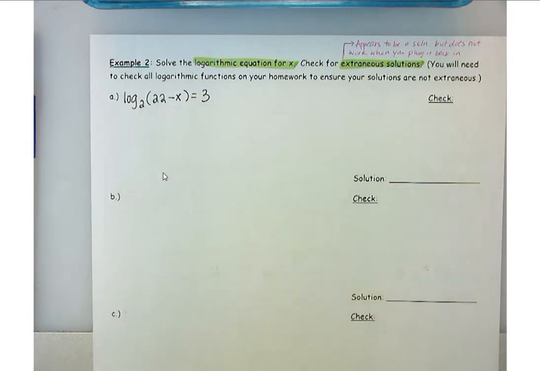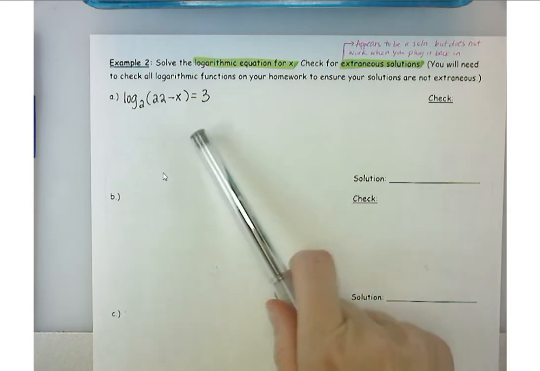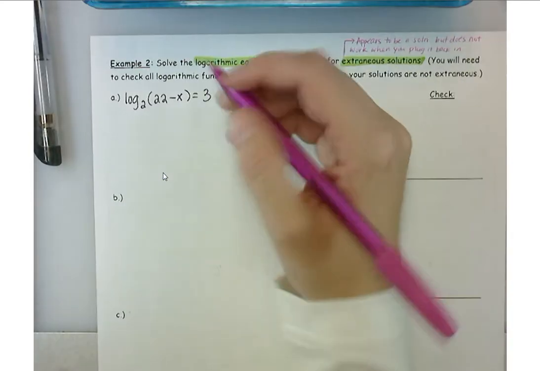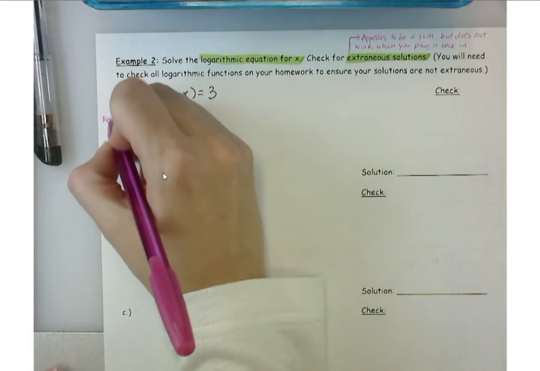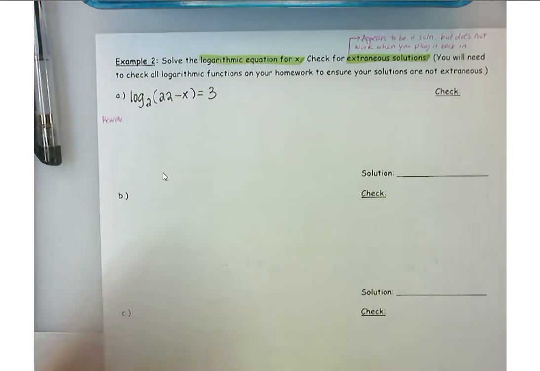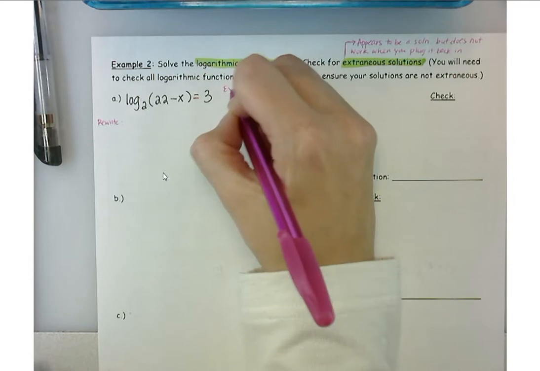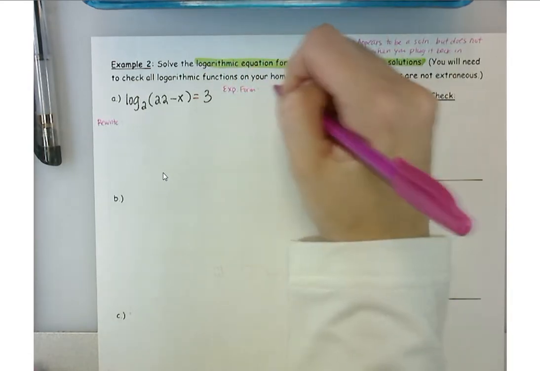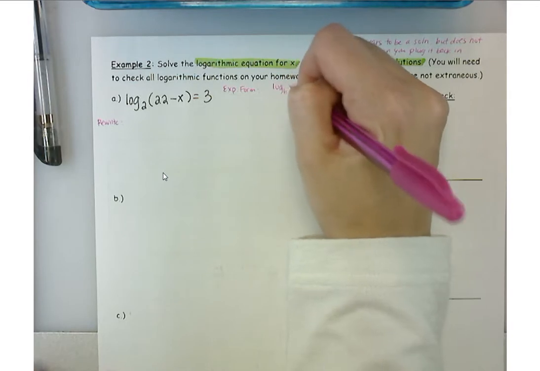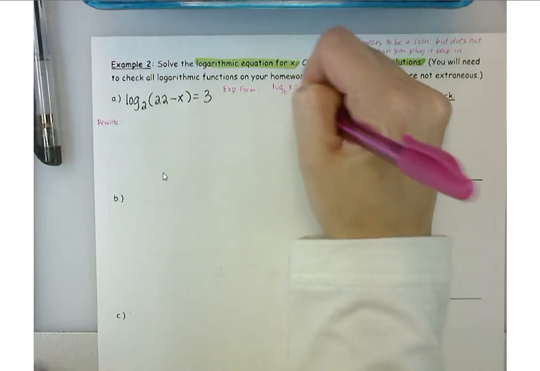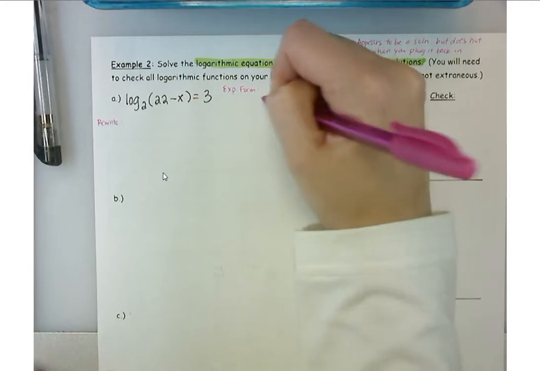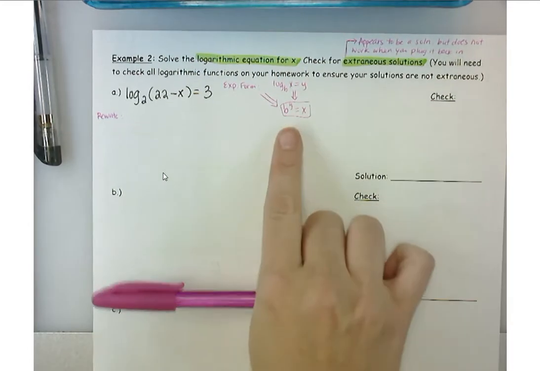So we can go to our next step, which is to rewrite this in exponential form. Remember where it comes from: if you have log base b of x equals y, your exponential form is b to the y equals x.